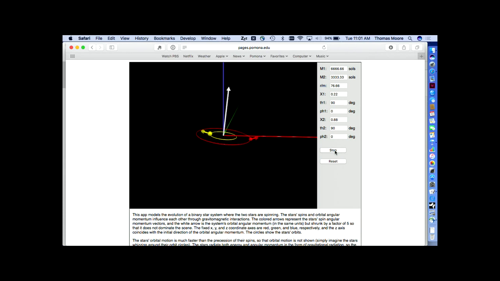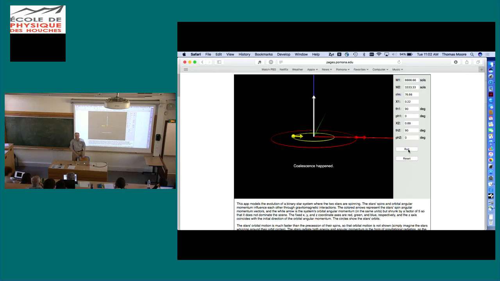The wobble of the orbital plane is going to affect the polarization of the gravitational waves and so on. But anyway, you can understand this all very nicely using the gravitomagnetic analogy.